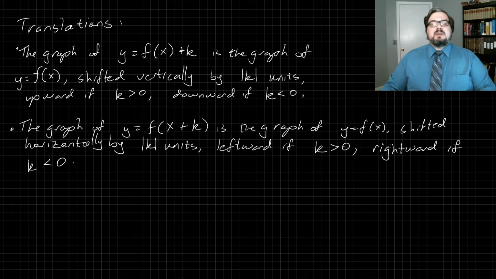Normally we associate positive numbers with the right-hand side of the graph, because that's where the positive x values are. But in fact, if we're adding a number on the inside of the function with the variable, that's actually going to accomplish a leftward shift in the function, and subtracting a number will accomplish a rightward shift. Let's do some examples.